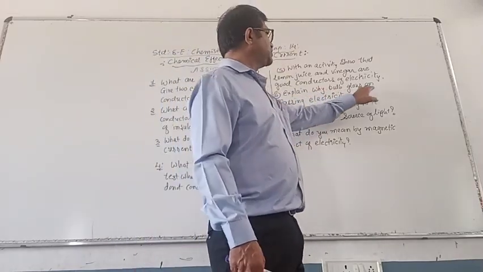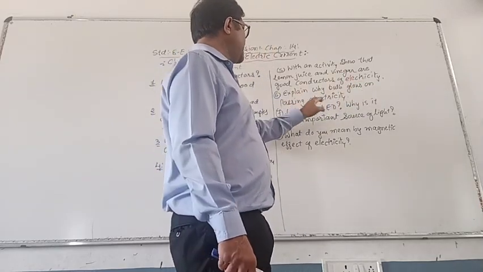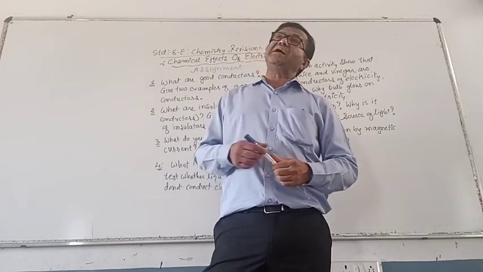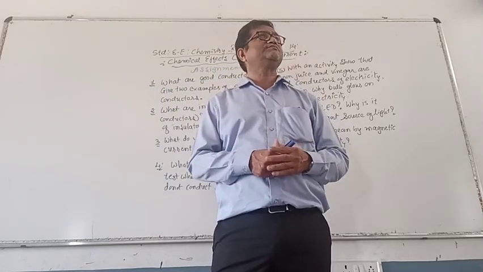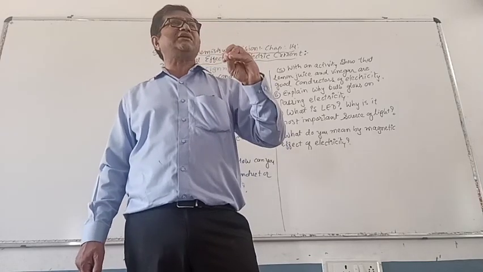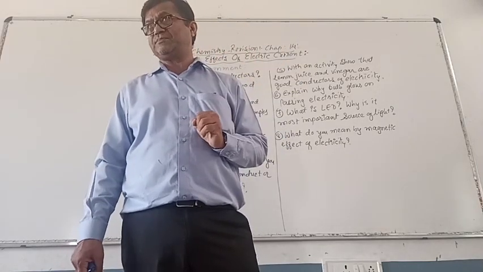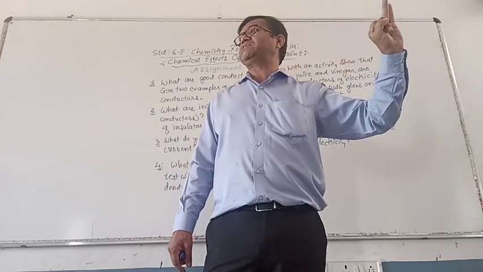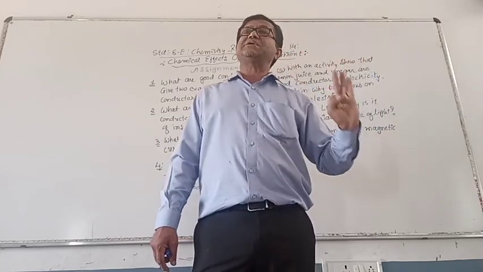Explain why the bulb glows on passing electricity. There are three effects of electricity: heating effect, magnetic effect, and chemical effect.